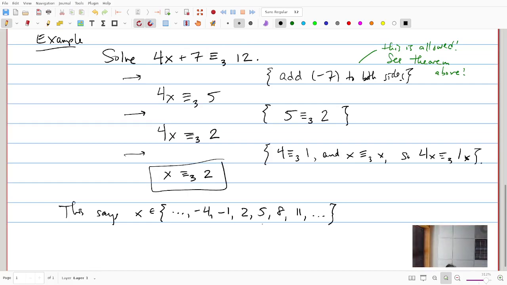And any of these things you put in there for x, this would be true. And it turns out these actually were all if and only ifs, so these are the only possible solutions for x. Any other number you put in there won't work.